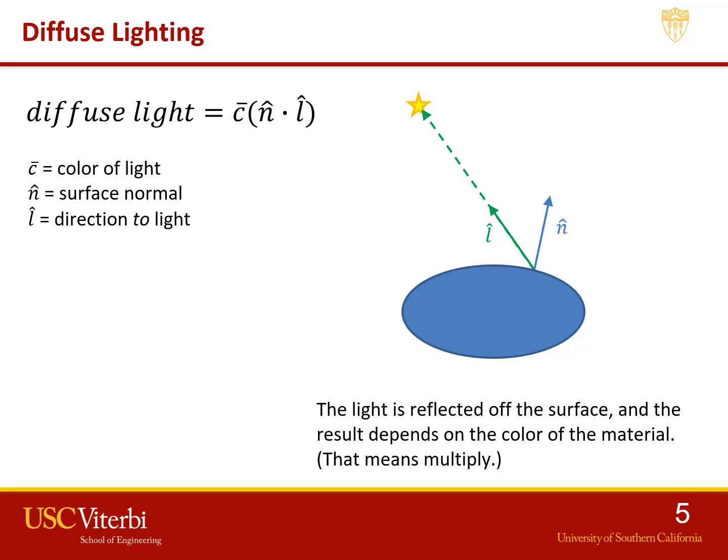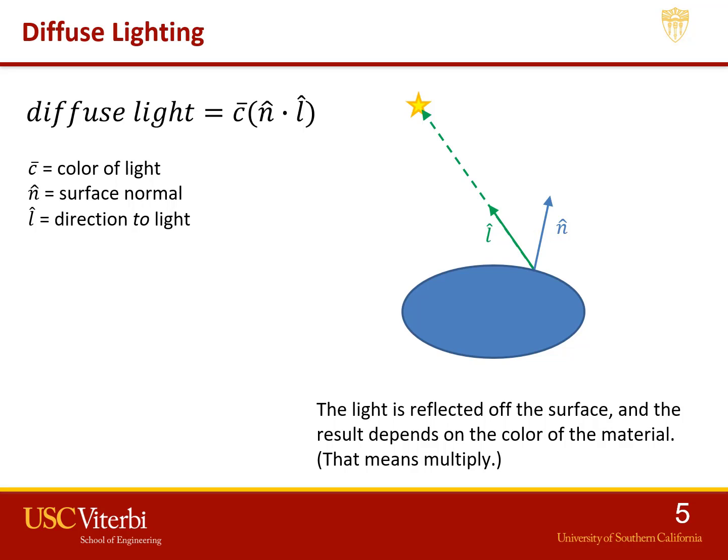C represents the color of the light source. N is the normal of the surface. And L is a vector pointing from the surface back towards the light. Now, sometimes it makes sense to describe L maybe pointing from the light to the surface, but just to drop the minus sign, we want this to be positive, right?